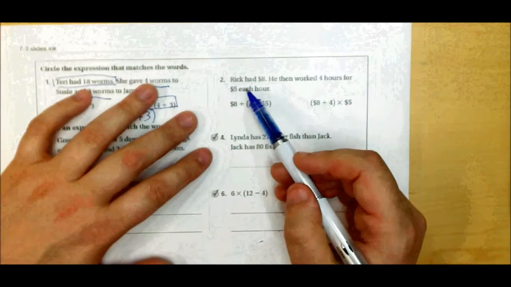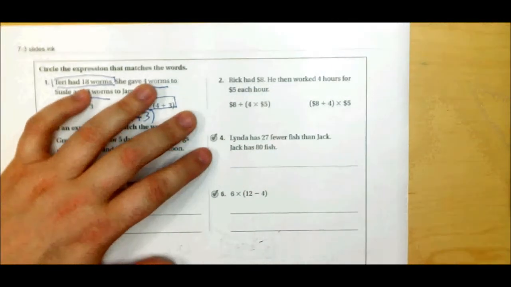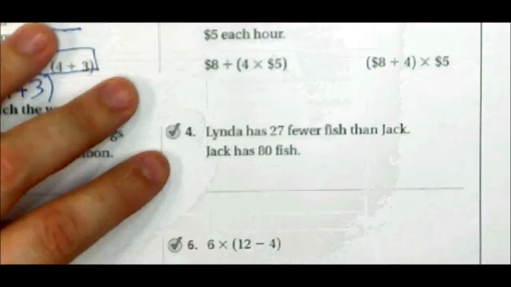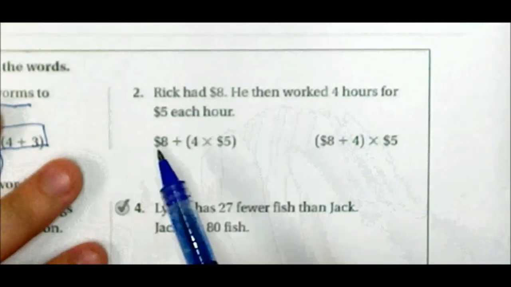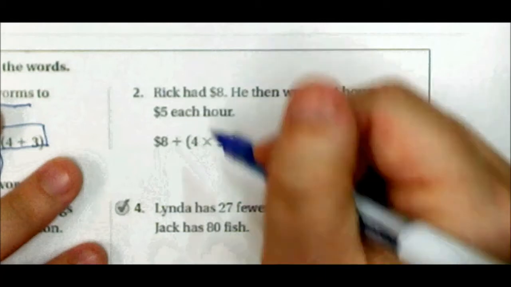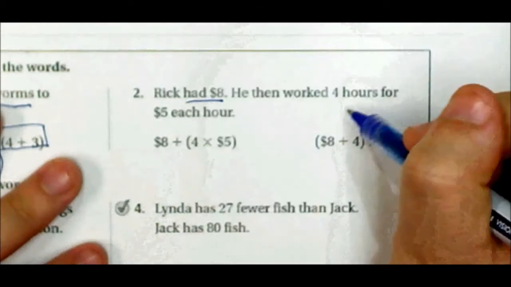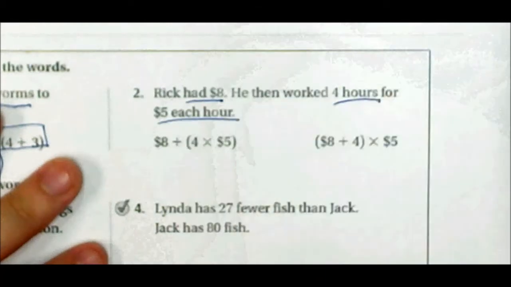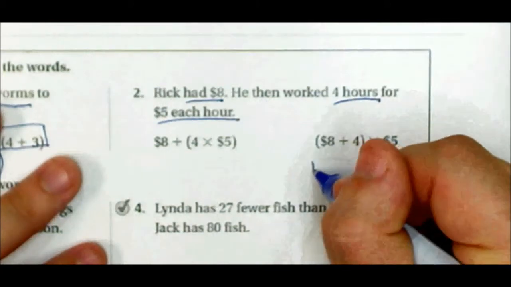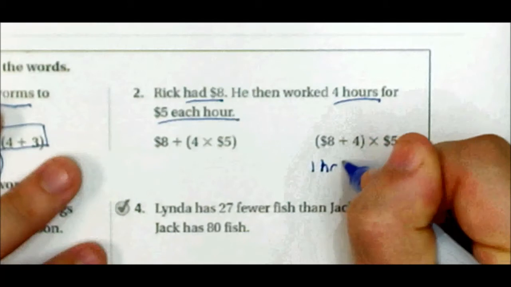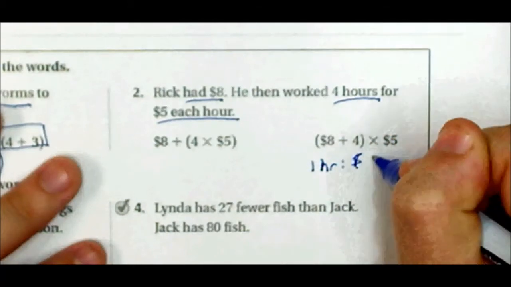So now we have this one. I'll zoom in. Rick had $8. He then worked 4 hours for $5 each hour. So this is how much he started with, this is how many hours he worked, and this is how much he worked per hour. So let's figure out how much he makes in 1 hour. Well, $5.